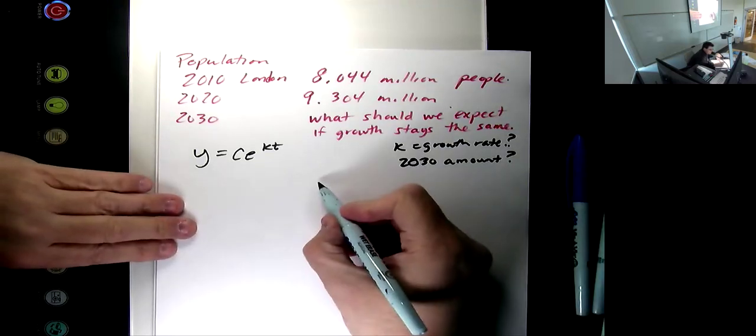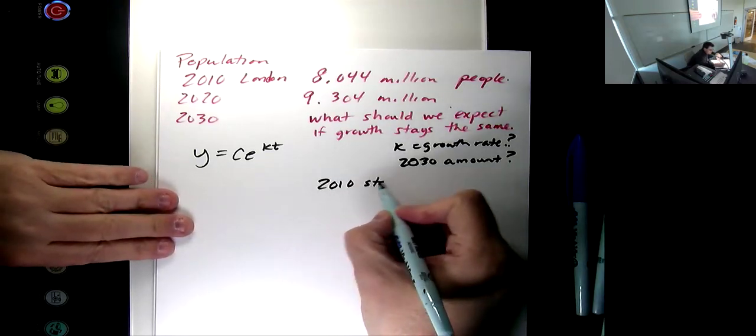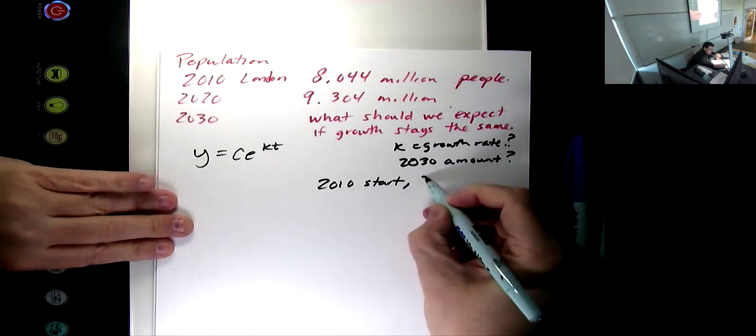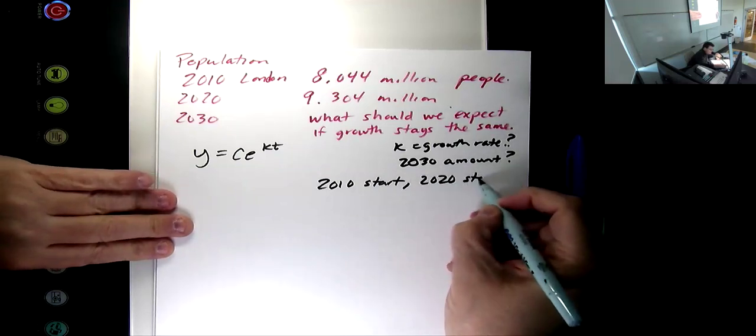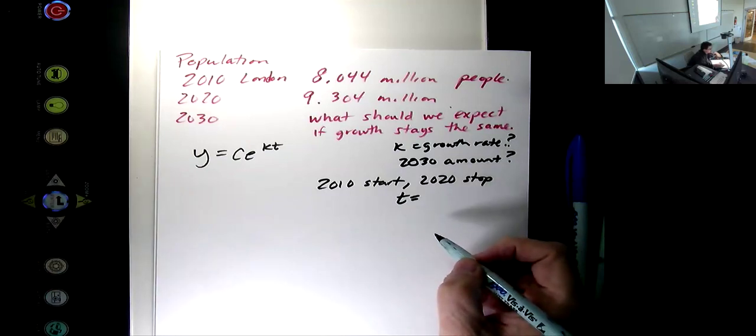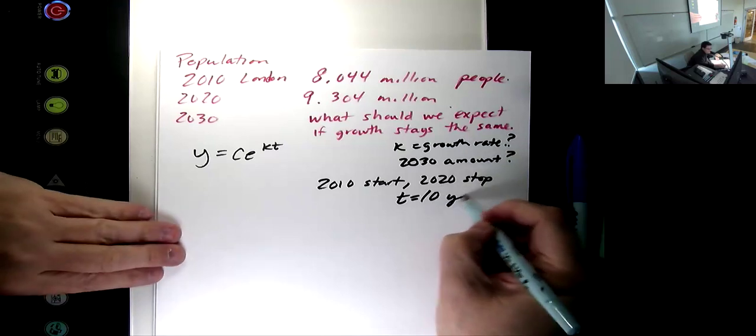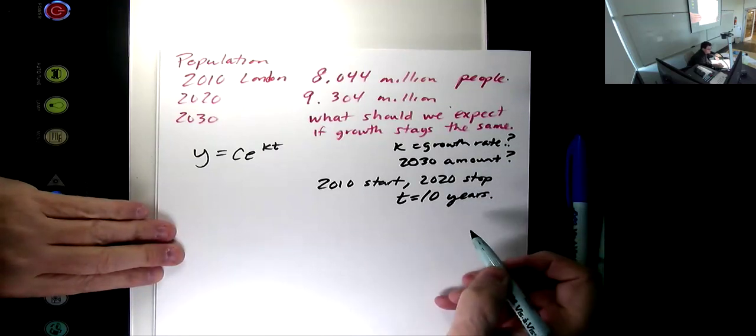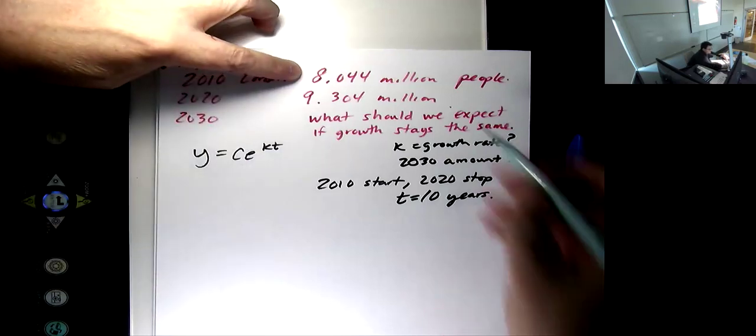But if we treat 2010 as the start and 2020 as the stop, what's the T value? 10. There's 10 years difference between them, and we can treat this as a start and a stop.